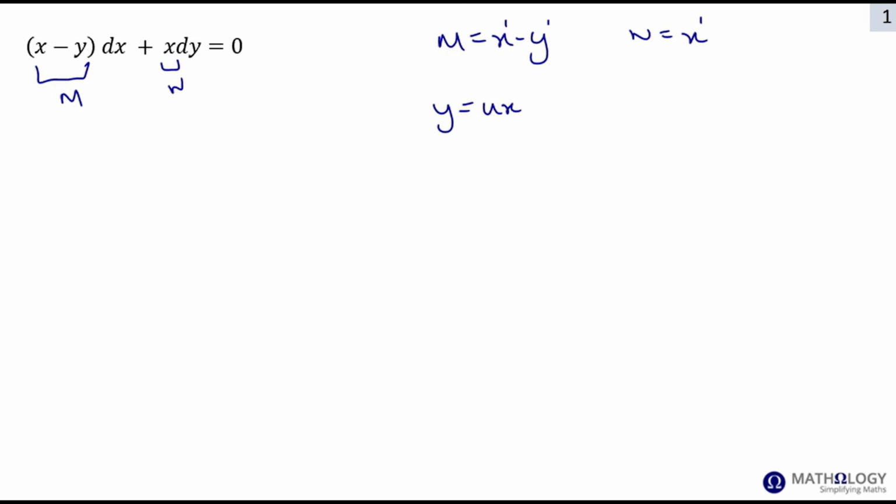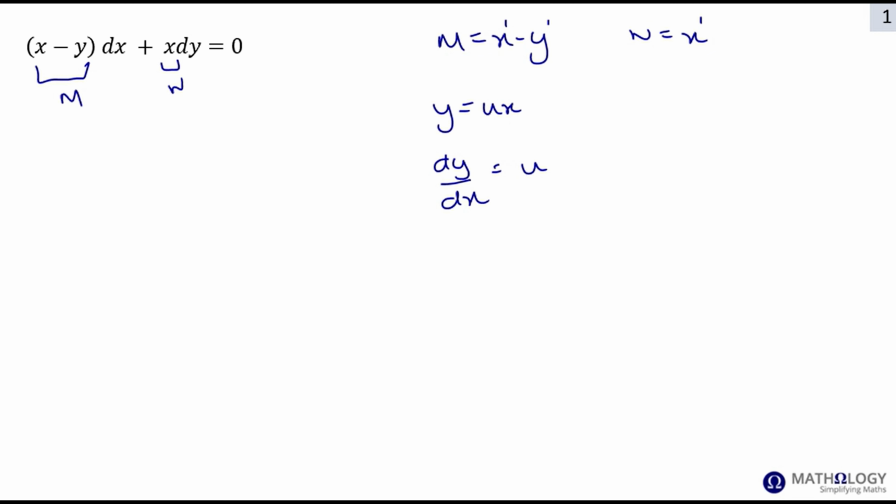You can call u any variable you want here, it could be v, could be anything else, except x. Just note that u is not a constant term here. It is a function of x. So when we take the derivative dy/dx, we can use the product rule. If we hold u constant, we differentiate with respect to x. The derivative of x will just be 1, so we'll just have u.